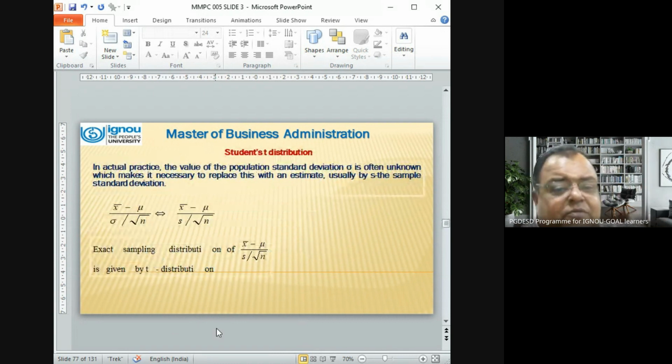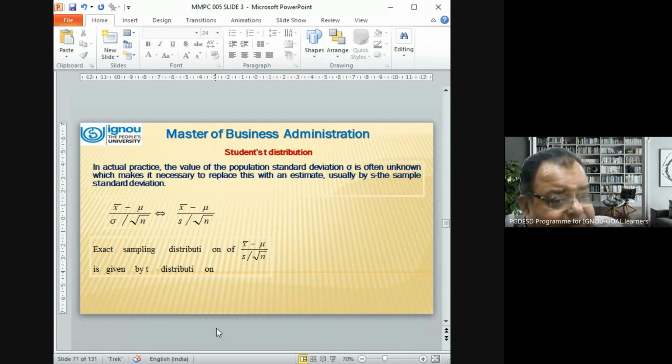Now we move to the student's t-test. Just see the difference. What is the difference in methodology, in the formulas? What has been taught to you is being modified. In actual practice, the value of the population standard deviation sigma is often unknown, which makes it necessary to replace it with an estimate, usually S, the sample standard deviation.